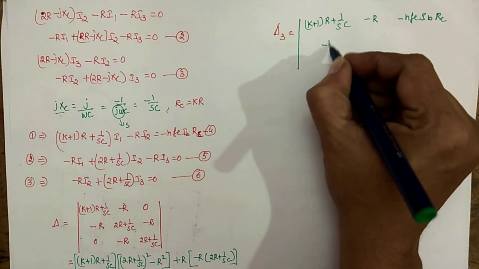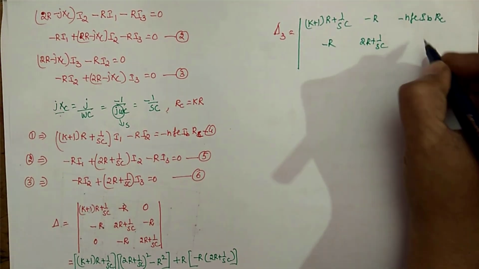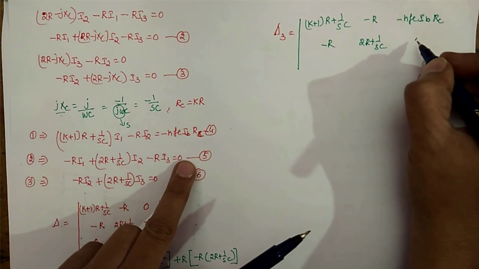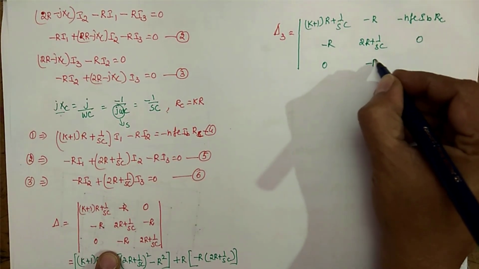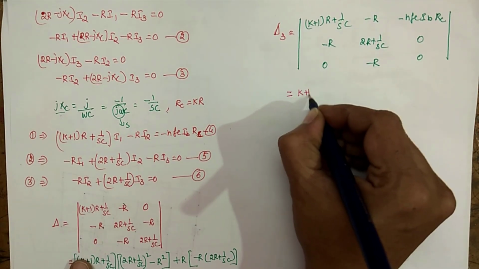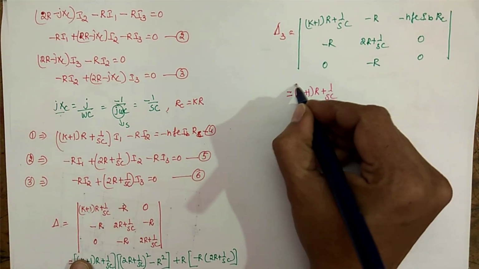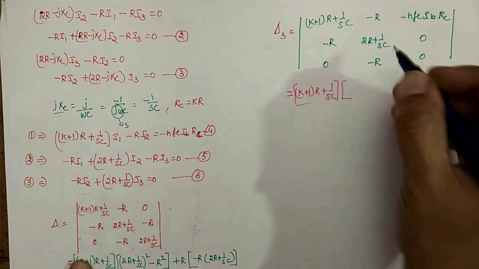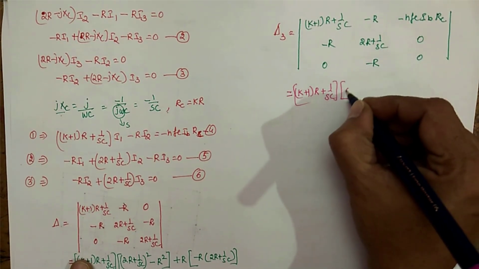Then minus R, 2R plus 1 by SC, and what is here? 0. Then 0 minus R, what is here? 0. Same procedure. This first term into, we have to leave this and this, multiply this with this, so you'll get 0.